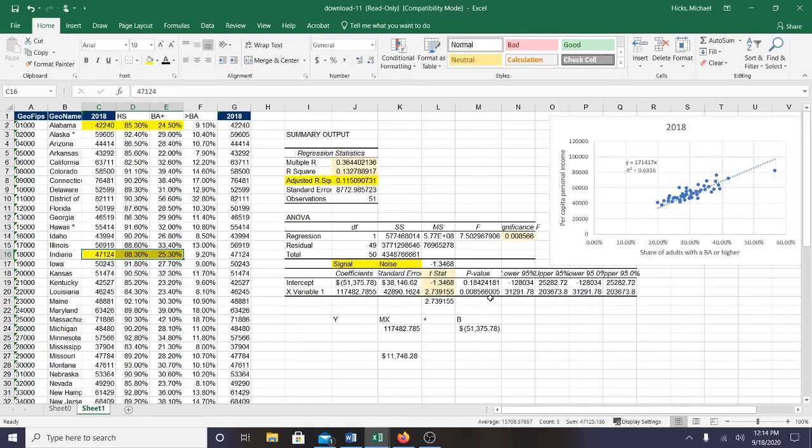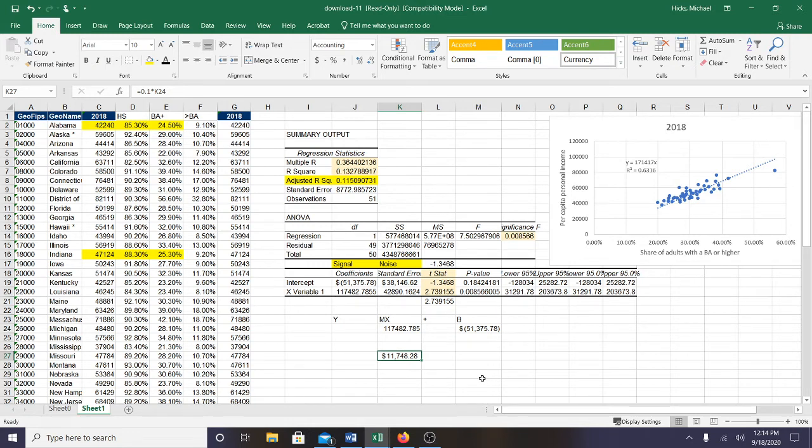In this case, Alabama's above the expected value, probably, and Indiana's below, but that difference measures the movement from a point here to that, from 30% to 40%. How much was the vertical movement here, right? So that's that coefficient.